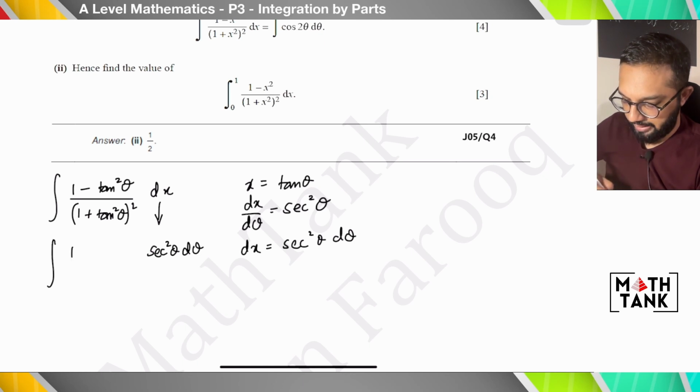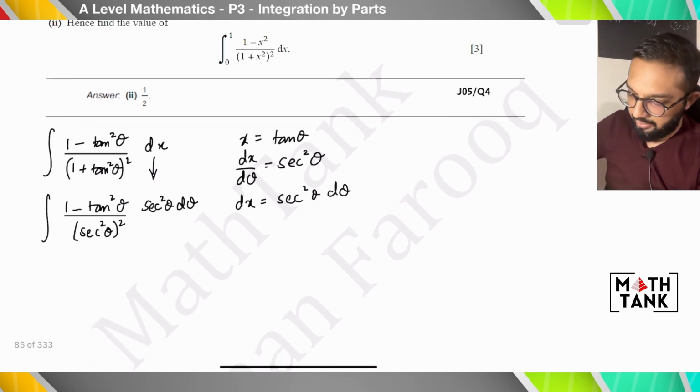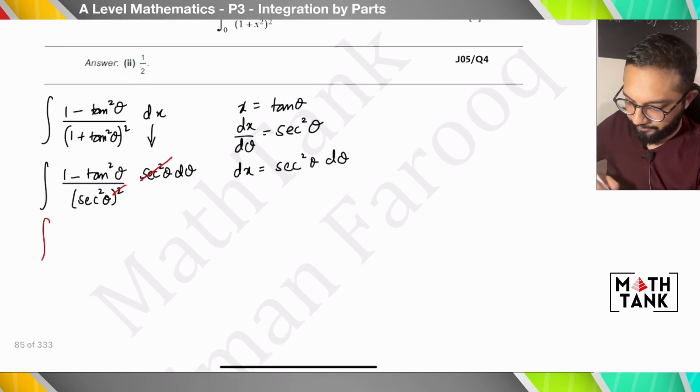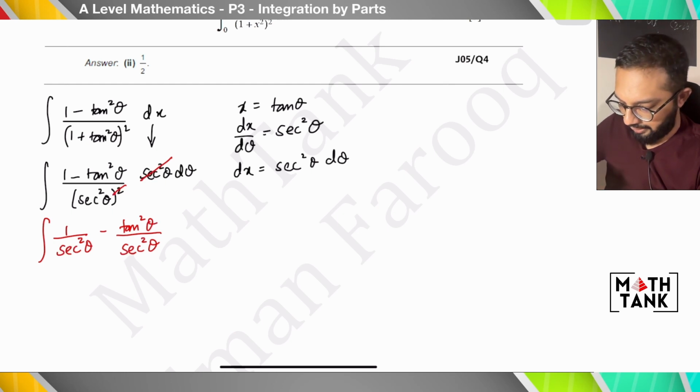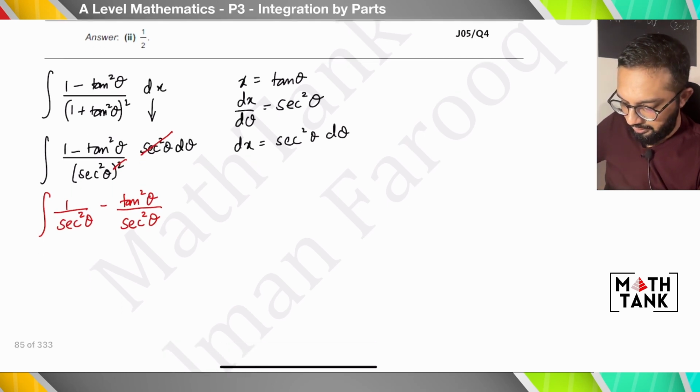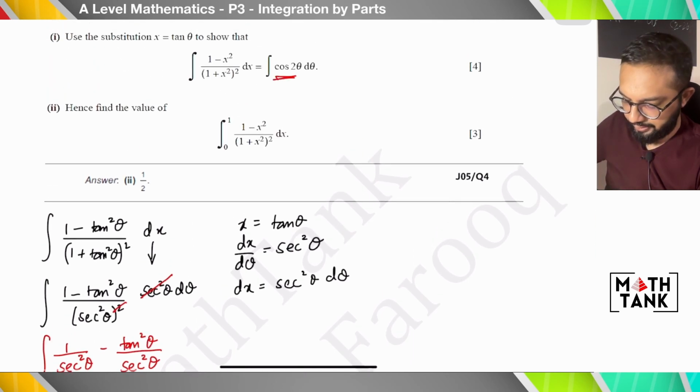Now if I remember my identities correctly, the denominator is 1 plus tan square, which equals sec square. So one of these powers cancels out. I am left with 1 over sec square theta minus tan square theta over sec square theta. Okay, so I need to convert it into cos 2 theta.